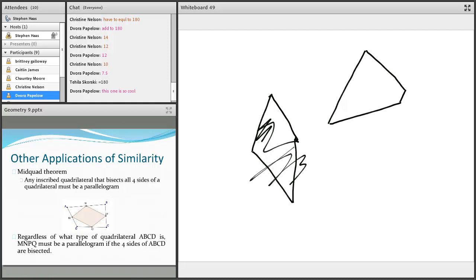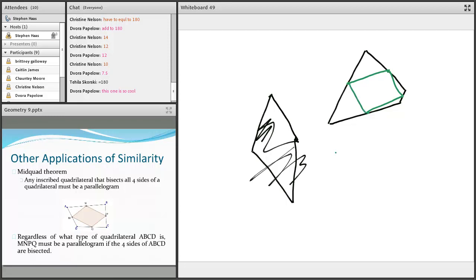It actually looks a little like a trapezoid, but let's assume it's not a trapezoid. If I take the midpoints of all four sides, let's change the colors a little bit here. So I take the midpoint of this side, the midpoint of this side, the midpoint of this side, and the midpoint of this side, and I draw all four midpoints. This has to be a parallelogram.